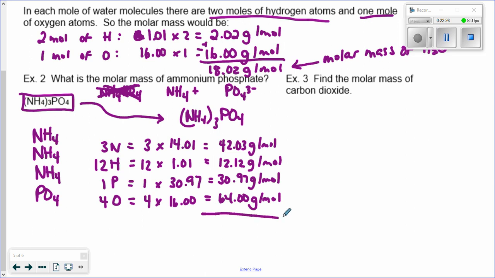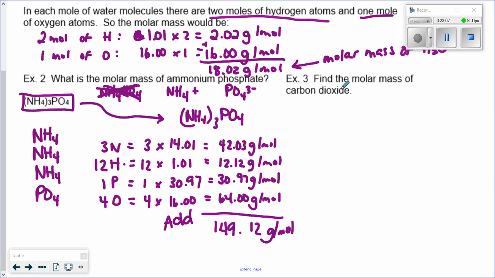So now what we would need to do is add up all of these, because again, nitrogen is contributing 42.03 grams per 1 mole of ammonium phosphate, and hydrogen is contributing 12.12 grams per mole of ammonium phosphate, and so on. So we want to add them all up. And when you punch those all into your calculator, you would get 149.12 grams per mole as your molar mass of ammonium phosphate.